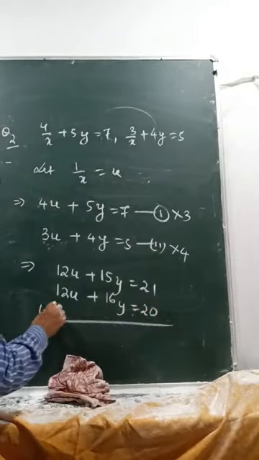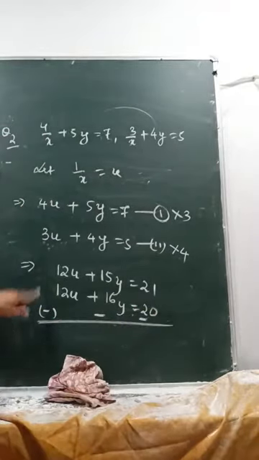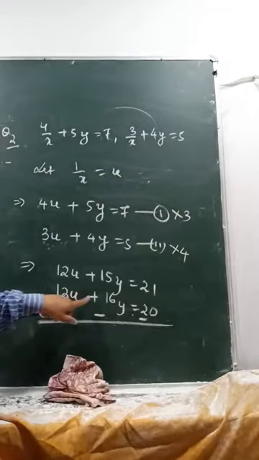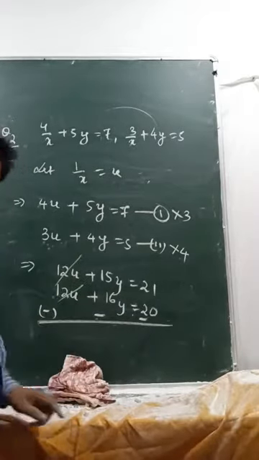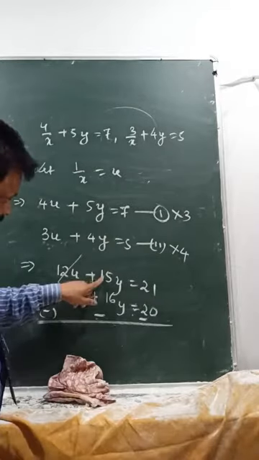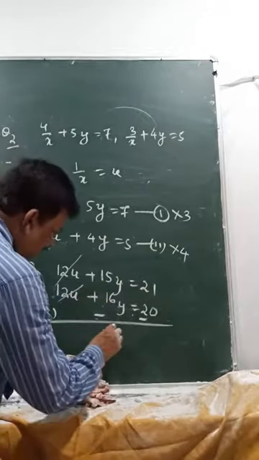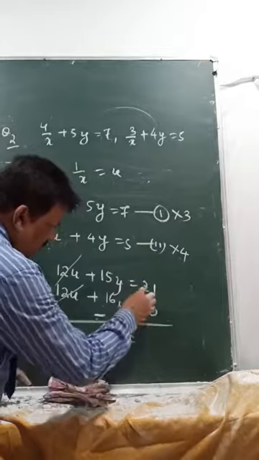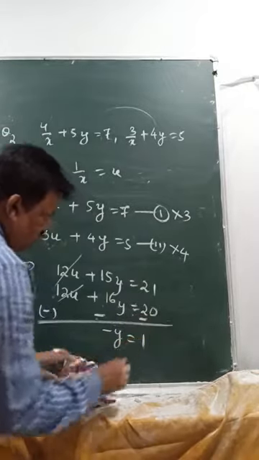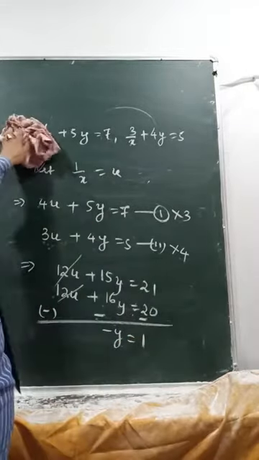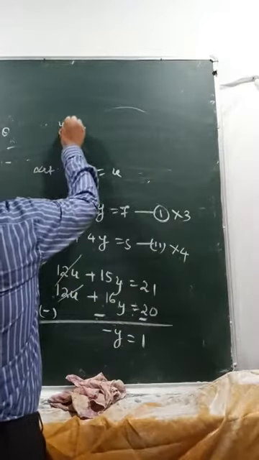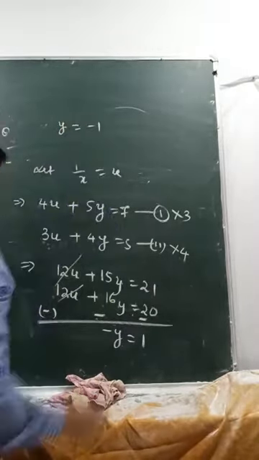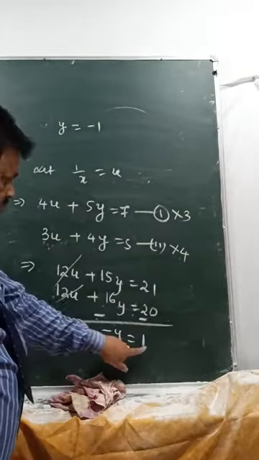Let me subtract. When you subtract, plus will be minus. The 12u minus 12u cancels. 15y minus 16y is minus y. 21 minus 20 is 1. Therefore, y equals minus 1.